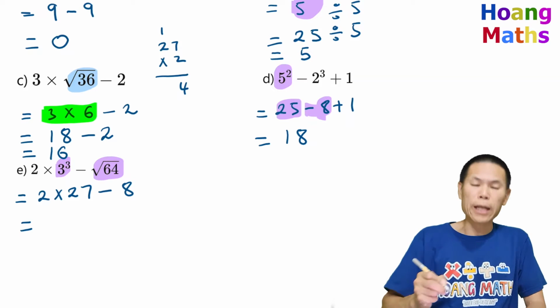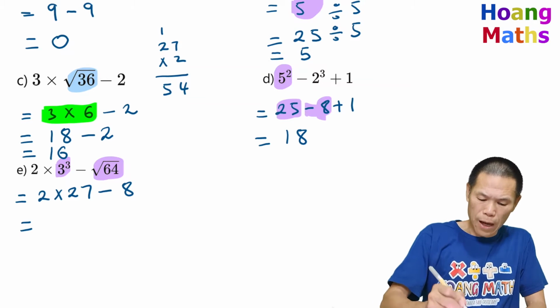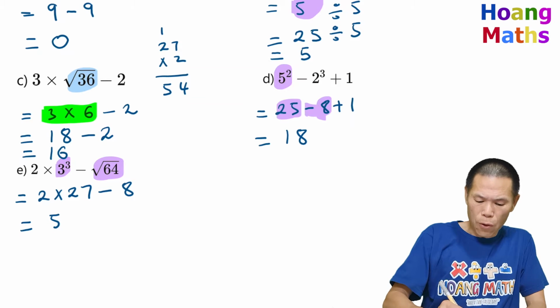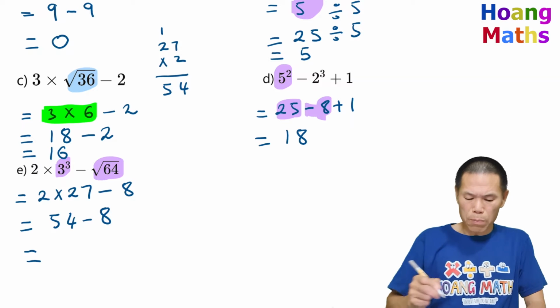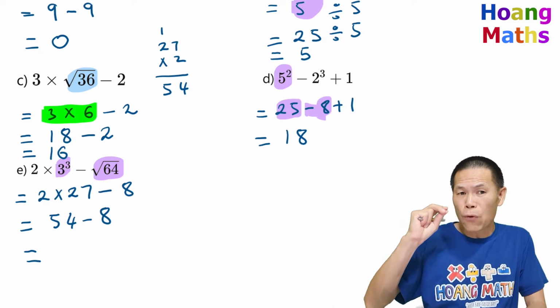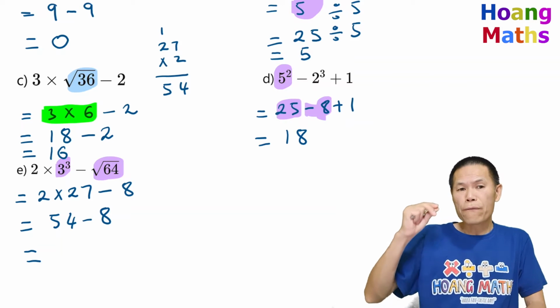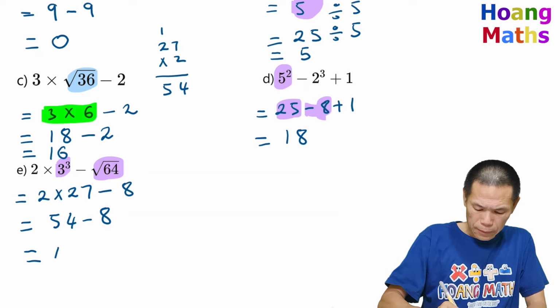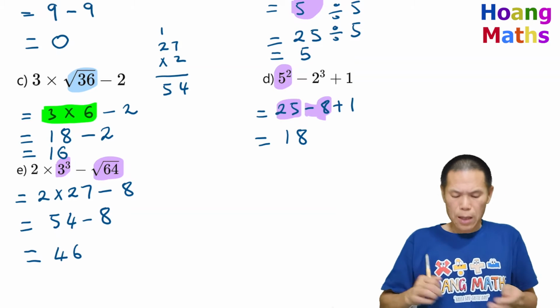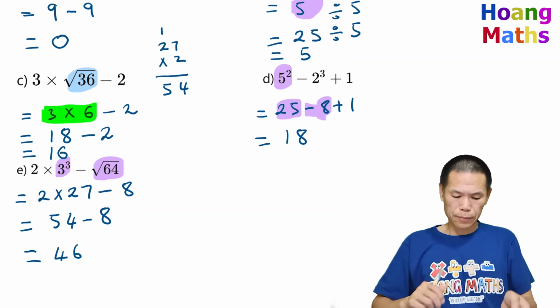You carry 1. And 2 times 2 is 4. Add 1 is 5. So that means 54. We minus 8. That will give me, and we know that 50 minus 8 is 42. We add another 4 on top, will give me 46. There you go, and hope you got it correct.